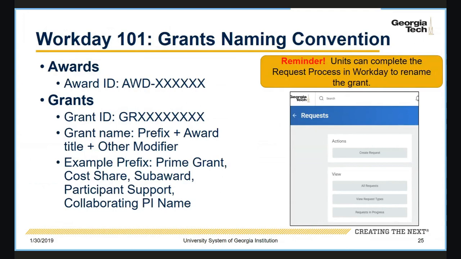We're also working to create projects in PeopleSoft so that when we import into Workday, we'll have subawards, a grant for each subaward. And remember, you'll be able to use the request framework or create request process to change the name of these grants in Workday.